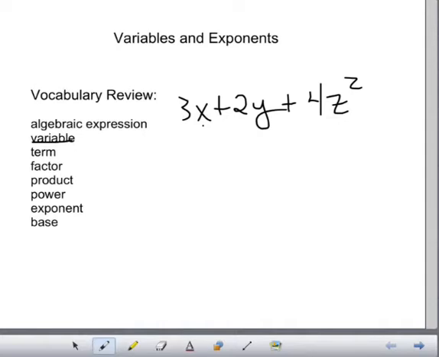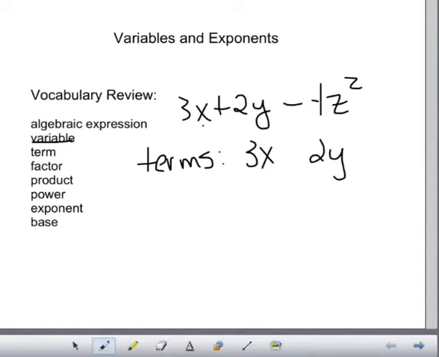Remember a term. Again, this is an important vocabulary word to go ahead now and get in your head. A term is everything in an expression or an equation that is separated by a plus or a minus sign. My terms in this expression that I've written up here would be 3x, 2y, and just for example, I'm going to change this just so you can see this.